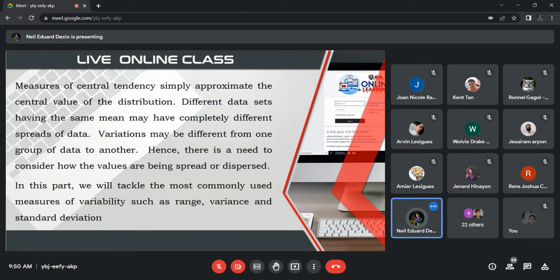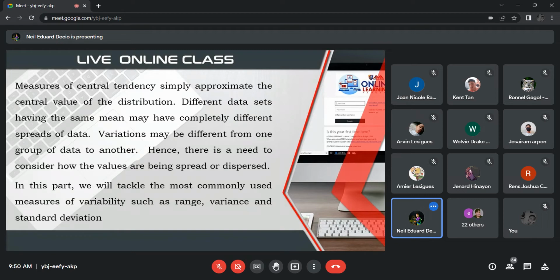That is why, aside from getting the central part of our distribution, kino-consider natin to get the spread. Variations may be different from one group of data to another. Hence, there is a need to consider how the values are being spread or dispersed.